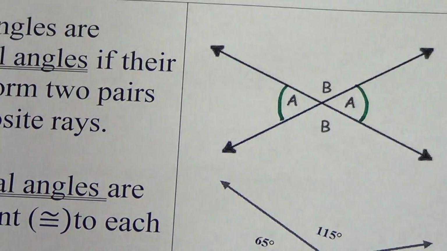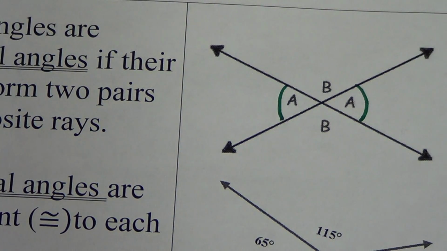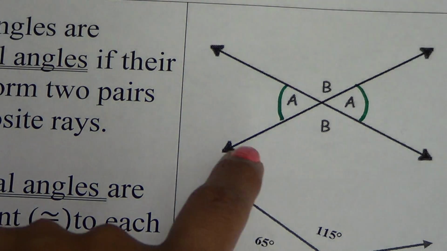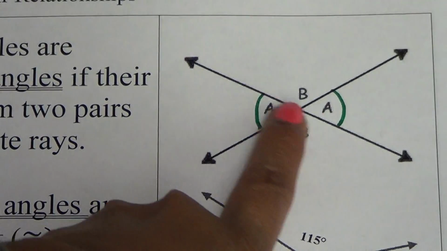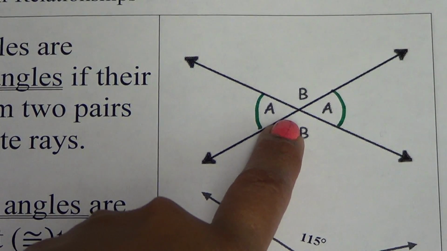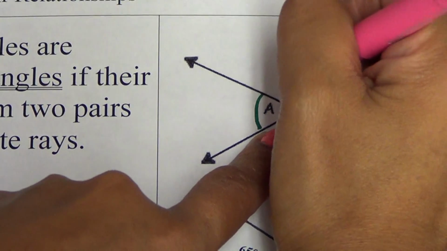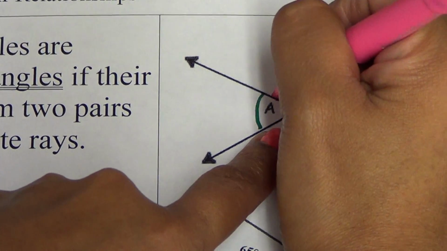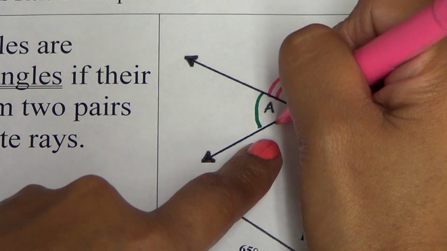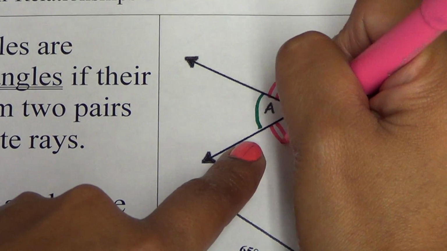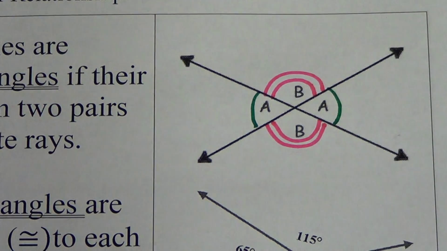And that would let us know that those two angles are congruent to each other. Now, vertical angles, I sometimes call them little bow ties because they look like a little bow tie that you would have tied on your neck. And then we would say that angle B and angle B here are also vertical angles.